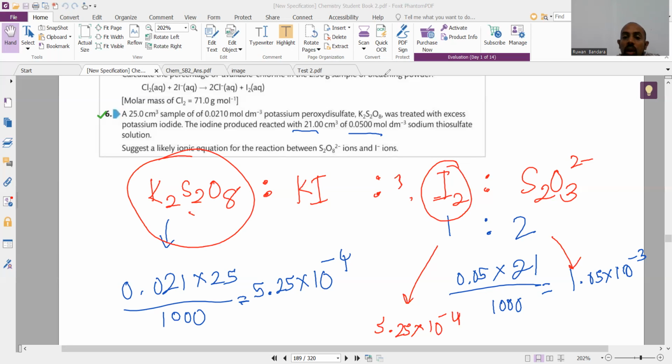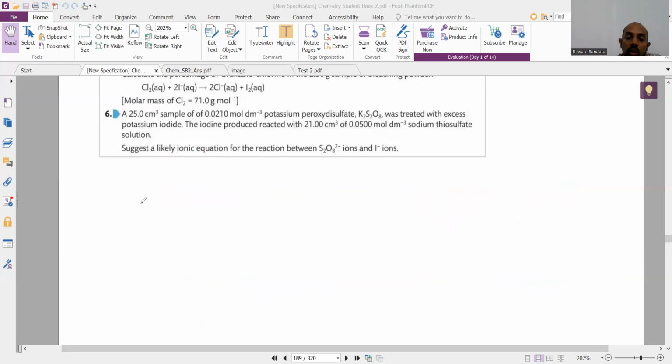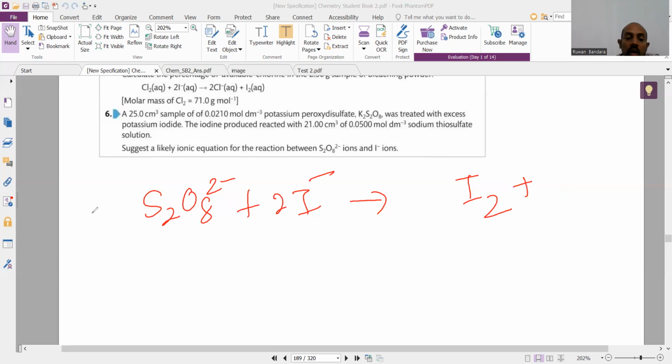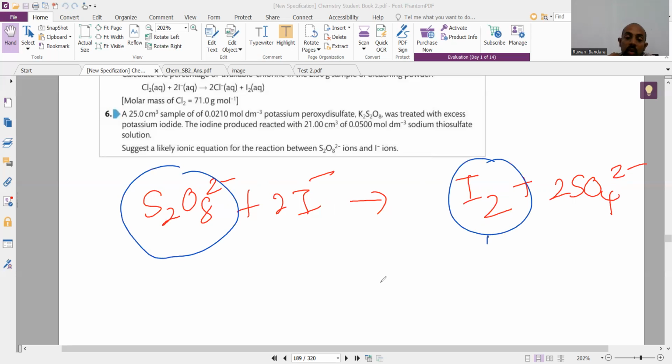Therefore, the likely ionic equation for this is S2O8 2 minus will produce 1 iodine. Therefore, 2I minus should be here. And you can write whatever the derivative of this, SO4 2 minus, like that. That is the answer. So we just use the molar ratios and we have identified the molar ratio between this one and this one is the same.